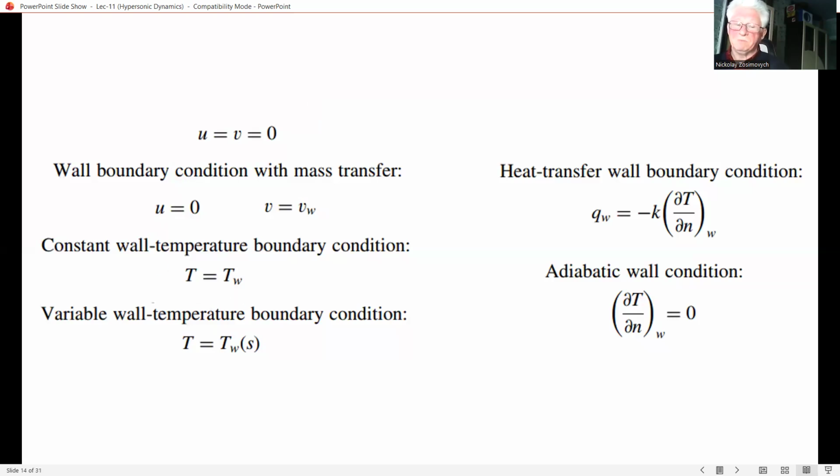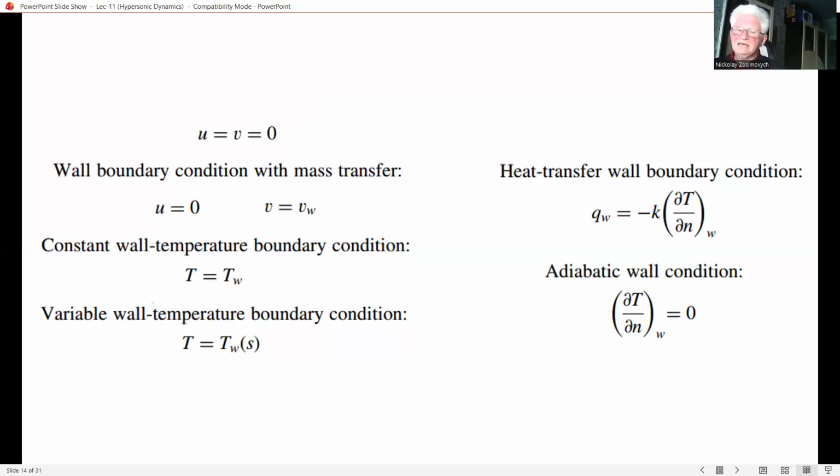The variable wall temperature boundary condition may be represented by this equation at the bottom: T equals T_w(s), where T_w(s) is a specified wall temperature variation as a function of distance along the surface s.